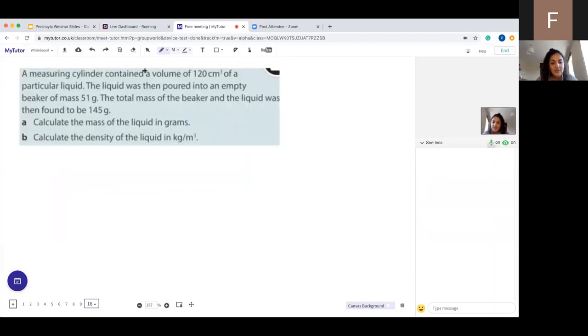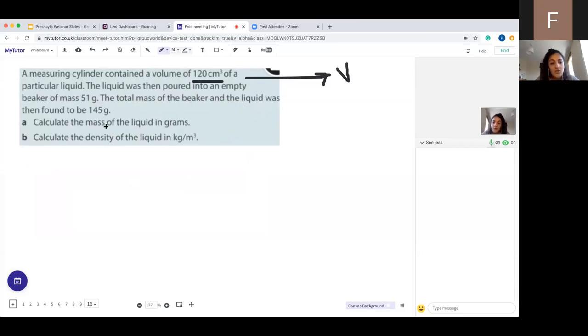So a measuring cylinder contained a volume of 120 centimeters cubed of a particular liquid. So we know our volume is 120 centimeters cubed. Liquid was then poured into an empty beaker of mass 51 grams. But the total mass of the beaker and the liquid was then found to be 145 grams.